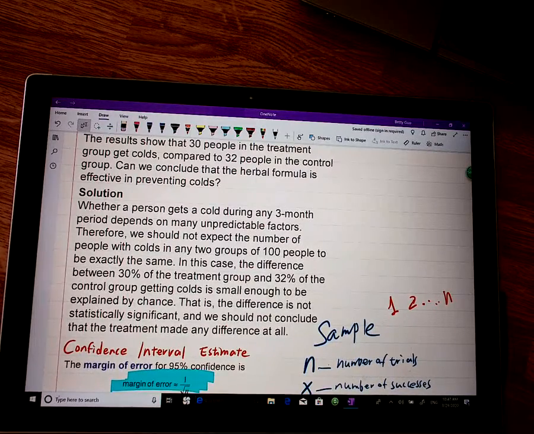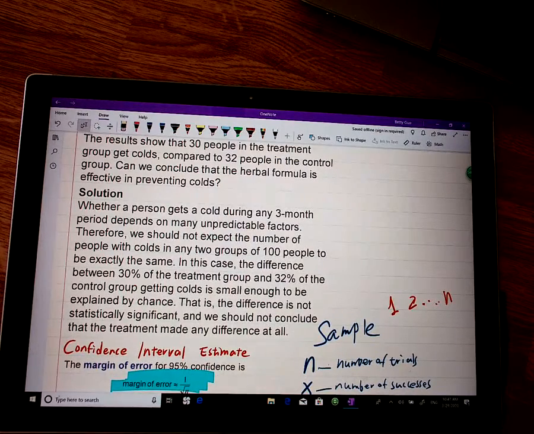In this case, the difference between 30% of the treatment group and 32% of the control group getting colds is small enough to be explained by chance. That is, the difference is not statistically significant. And we should not conclude that the treatment made any difference at all.